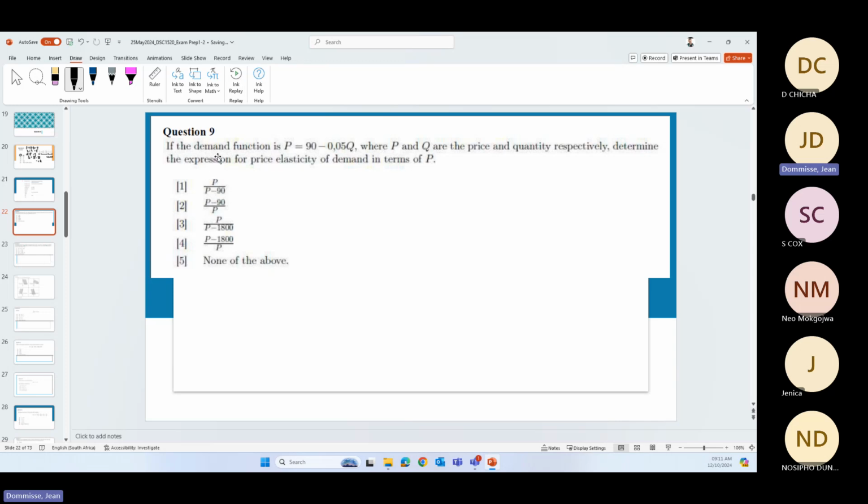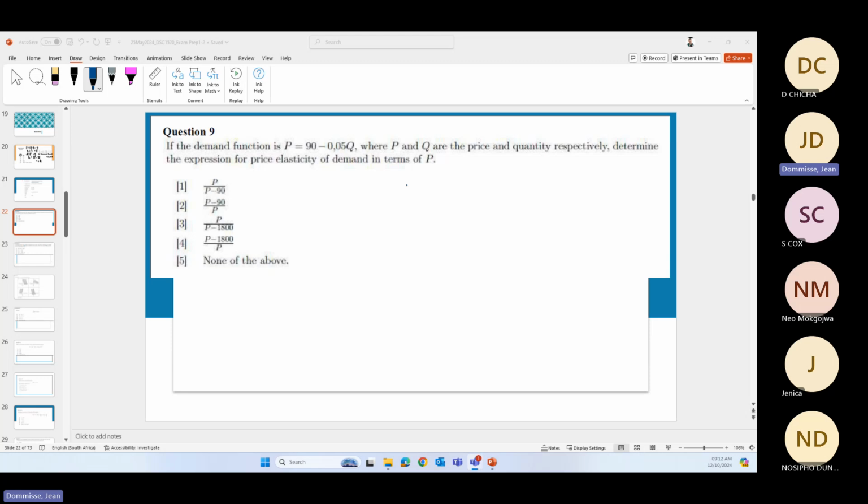So if a demand function is P equal to 90 minus 0.5 Q, where P and Q are the price and quantity respectively, determine the expression for price elasticity of demand in terms of Q, in terms of P. Okay, so we didn't do price elasticities last week. We only focused on, I think, price and demand, and I think there was consumer surplus in last week's session.